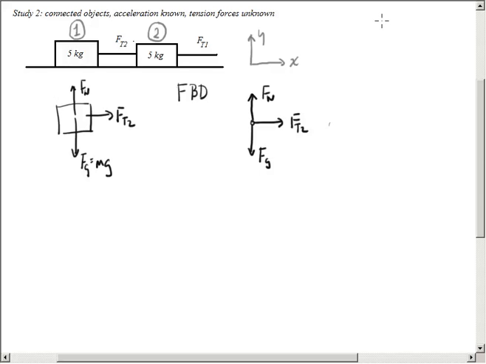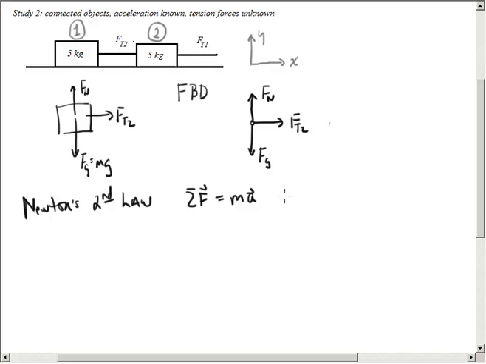Now, what is Newton's second law? Go ahead and write down Newton's second law, pause the video until you finish, and then start it again. Newton's second law is, of course, the net force is equal to the mass times the acceleration.